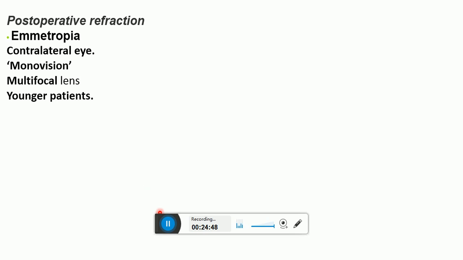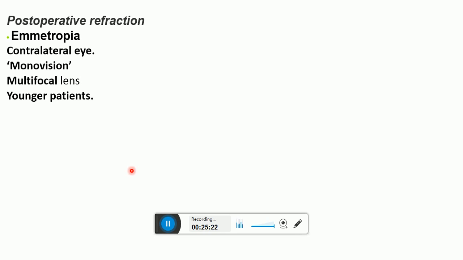And there is the contralateral eye. Postoperative refractive planning must consider the contralateral eye. If this has a significant refractive error but is unlikely to require cataract surgery within a few years, the postoperative target for the operated eye might be set within less than 2 diopters of its fellow to avoid problems with image size discrepancy and difficulty with binocular fusion.